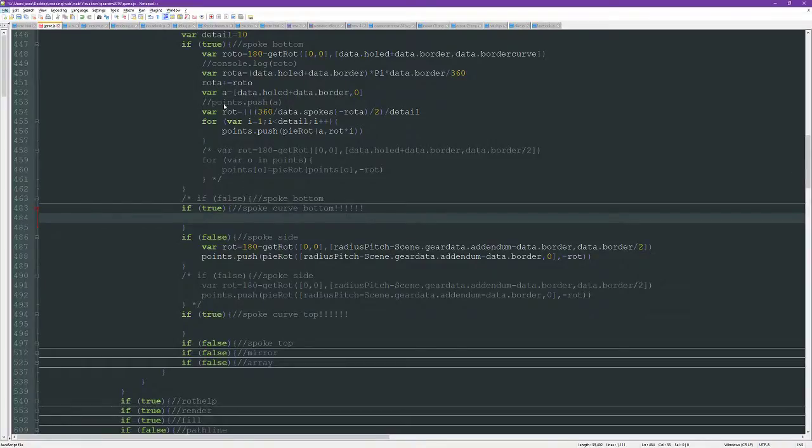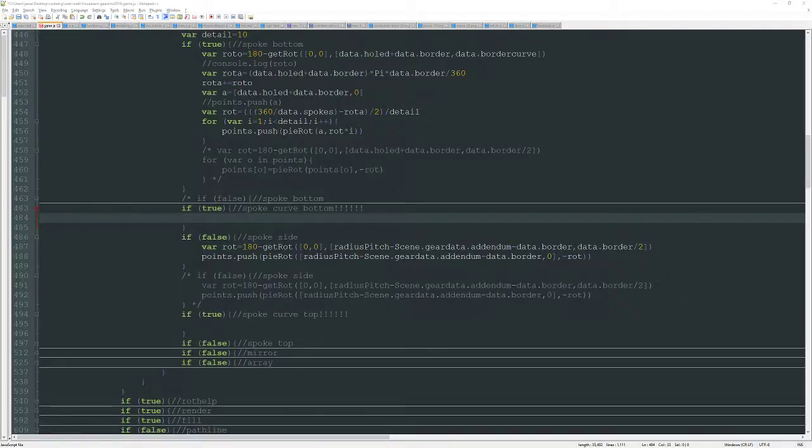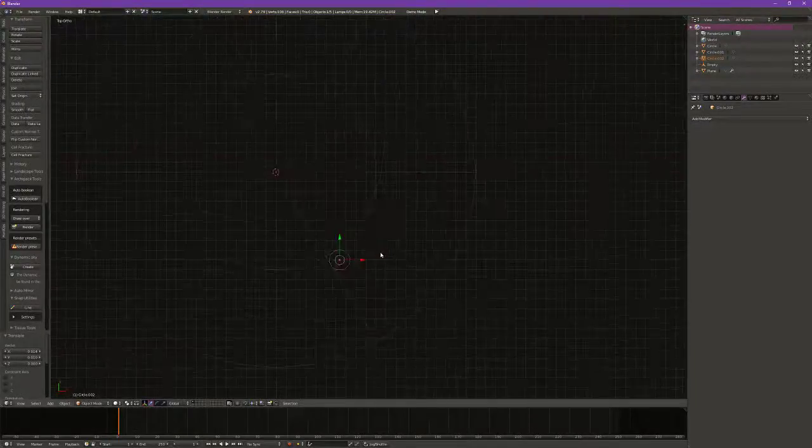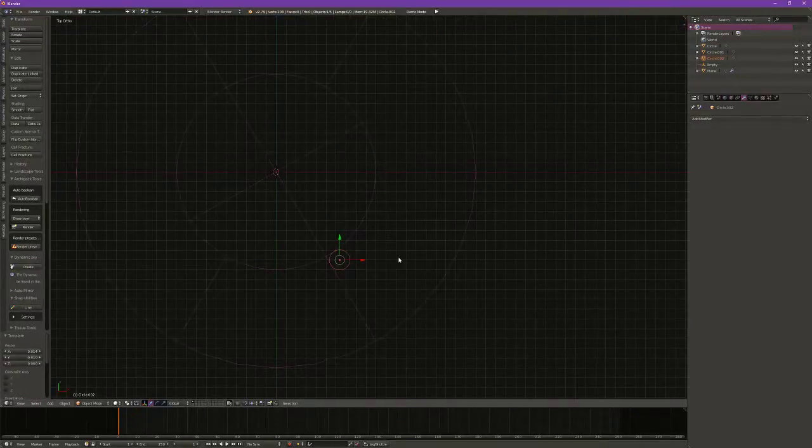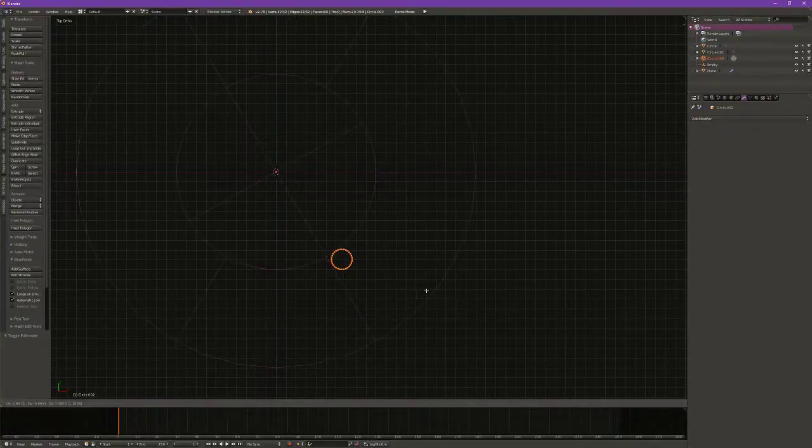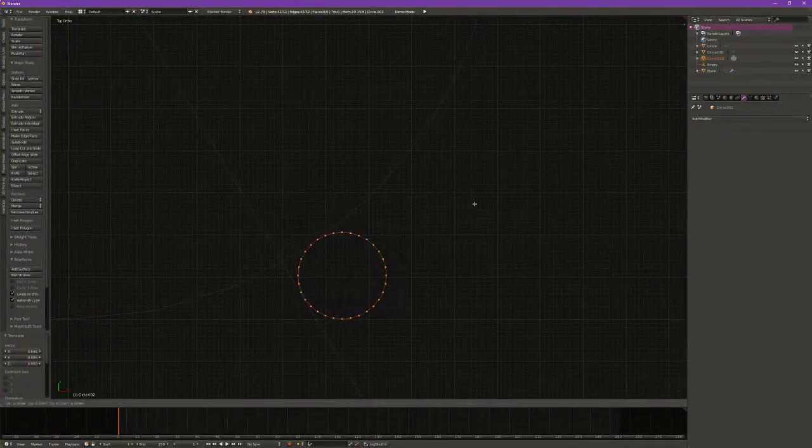So we need to get a point. Wait. So for me to do it like this, do I want to move it down to there? Because how would I have it there?